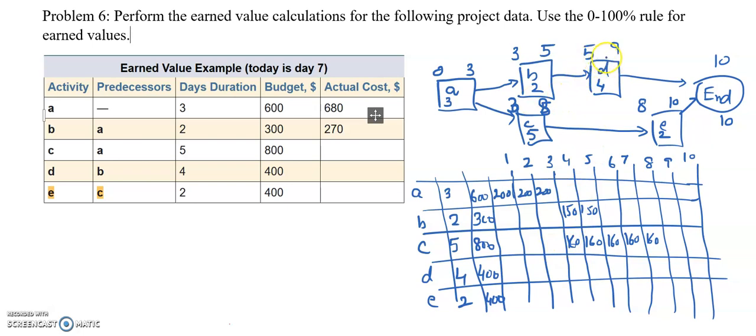And then D is from 6, 7, 8, 9, for 4 days, 100 per day. And then E is for 2 days from here, so 200, 200.